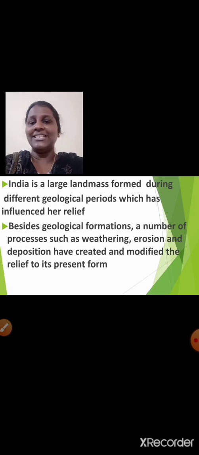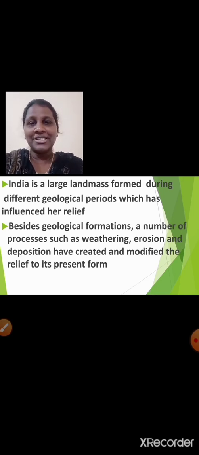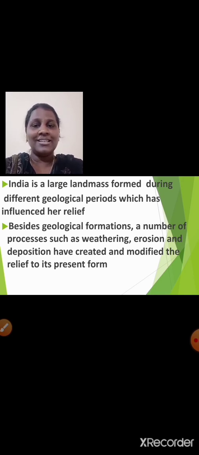India is a large landmass formed during different geological periods. Different geological periods means some landmass have formed millions of years ago, some billions of years ago, okay, which has influenced her relief.